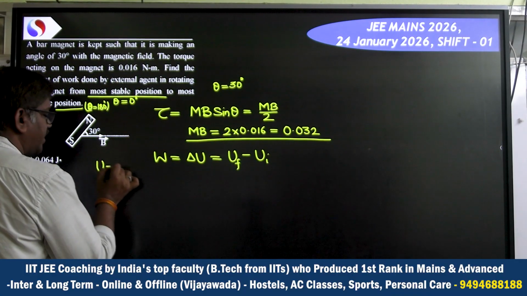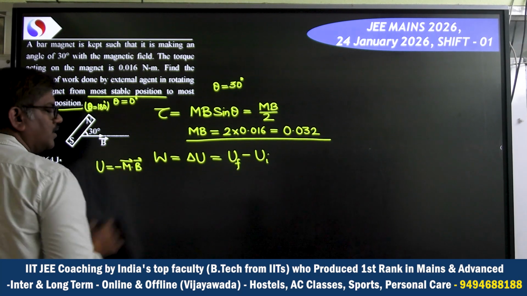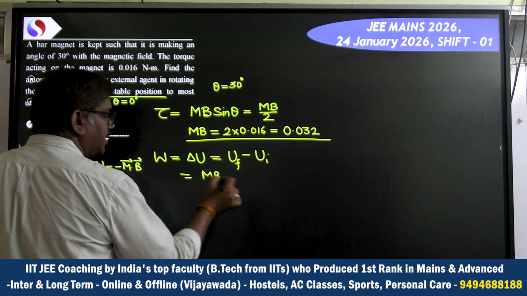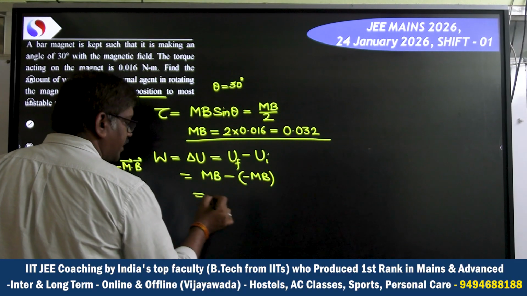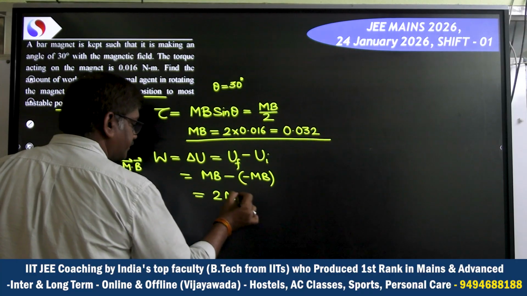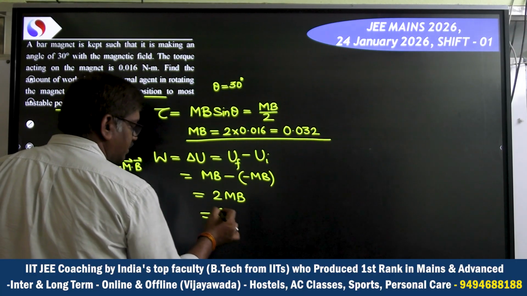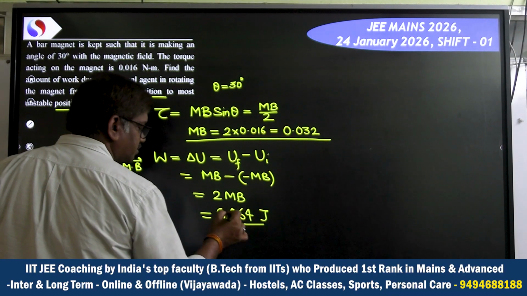Potential energy, how do you write it down? Minus M dot B, minus MB cos theta. So final will be plus MB, initial will be minus MB. So minus minus becomes plus. It becomes twice of MB. MB value you already know from here. Put this value and get the final answer: 0.064 joules.